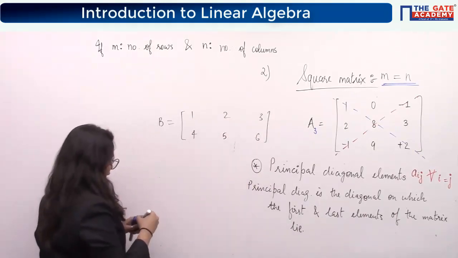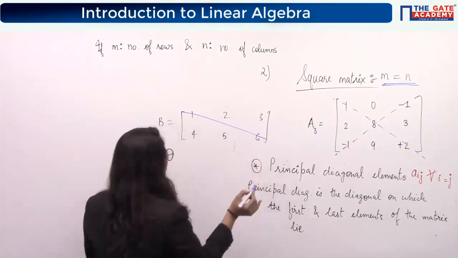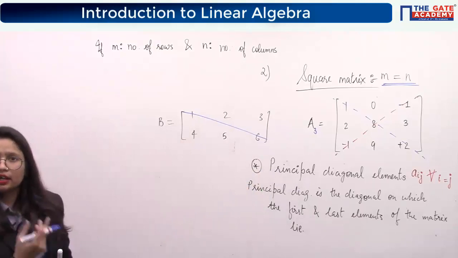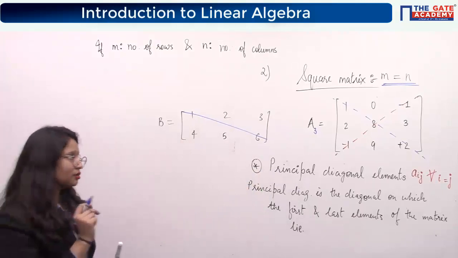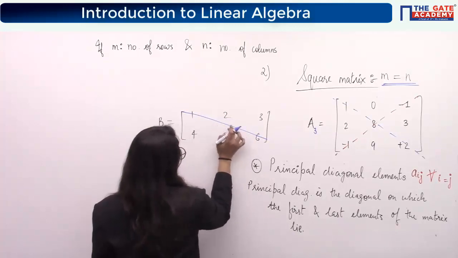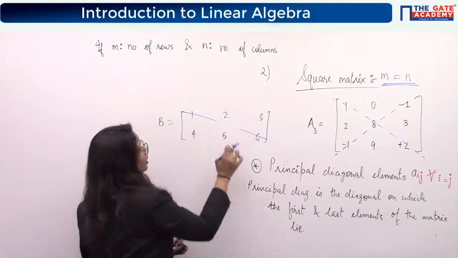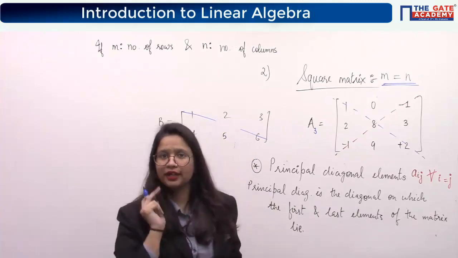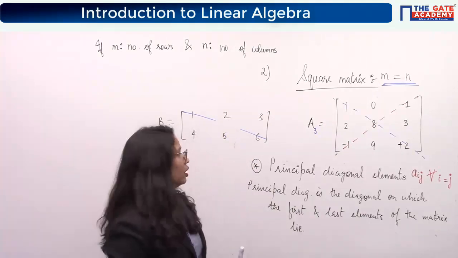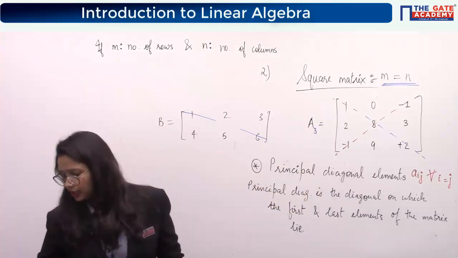Okay, so this is a rectangular matrix. If I talk about the diagonal, obviously a square has some diagonal, but in this matrix there is no diagonal for a rectangular matrix, because it is not covering or passing through some elements. There is nothing here, so you cannot consider it to be a diagonal. Okay, so the diagonal term is defined only for a square matrix, not for a rectangular matrix.